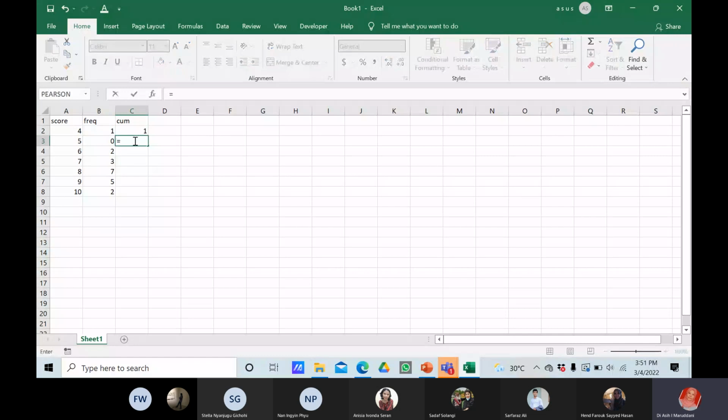And the second row, the cumulative of the first row plus the frequency of the second row. The third is the cumulative of the second row plus the frequency of the third row.